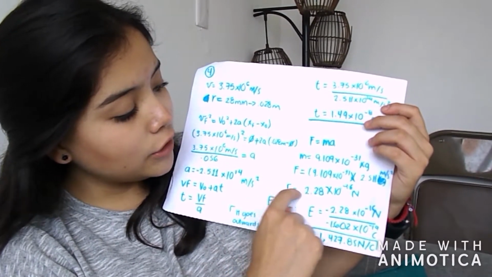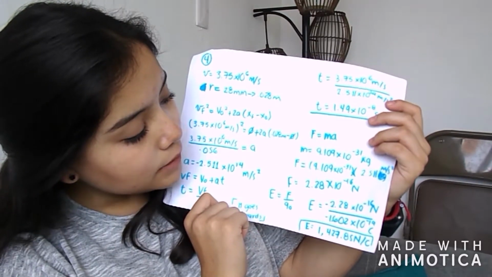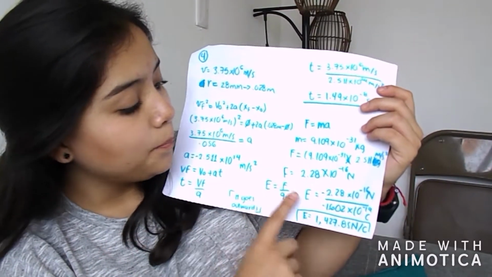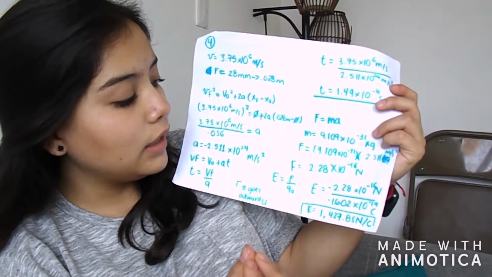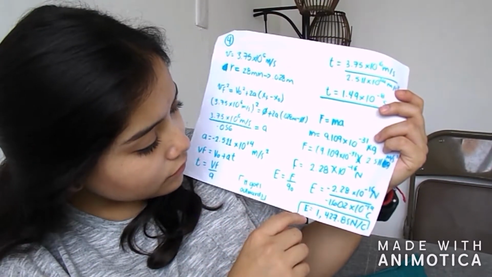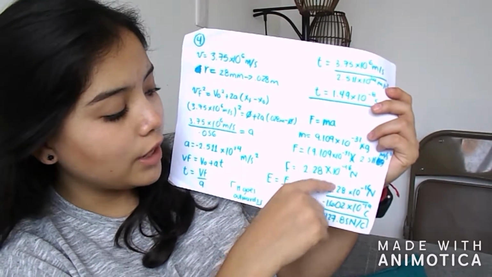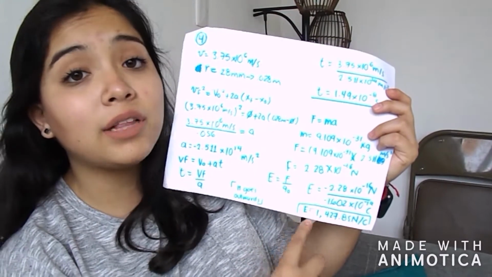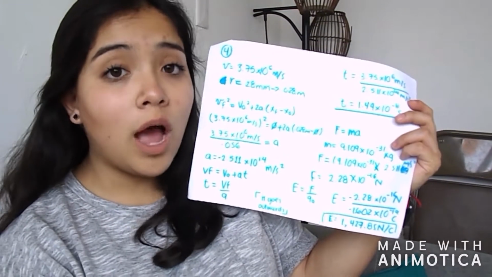We substitute our values, and we have this result, that is 2.28 times 10 to the minus 16 newtons. Then we substitute our values in the electric field, and because the force is negative, we're gonna divide it, and we have an electric field that is positive, and it will go outwards.